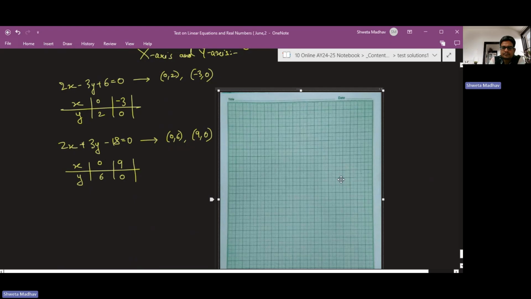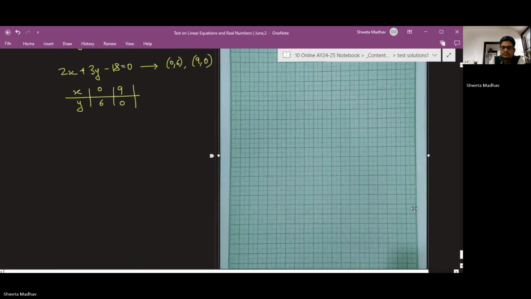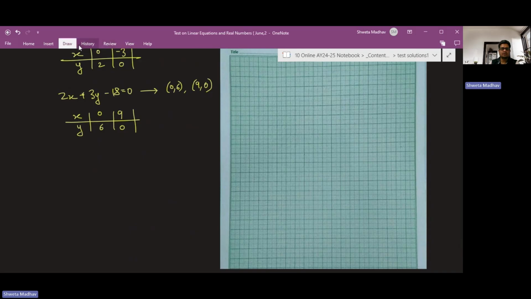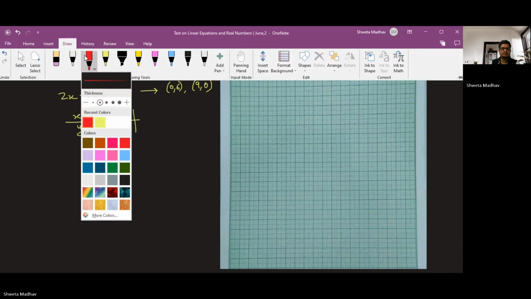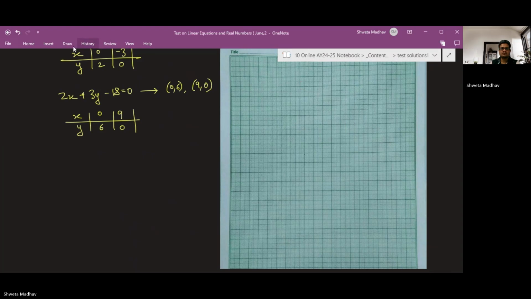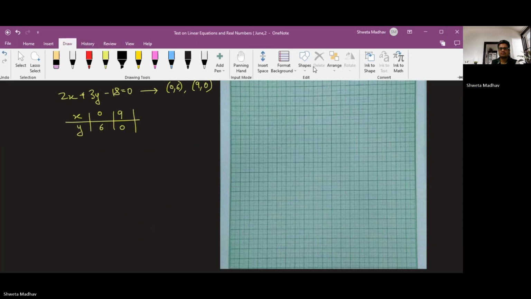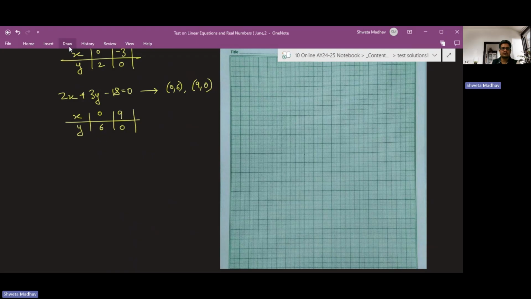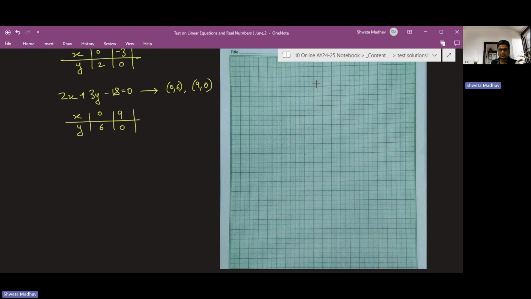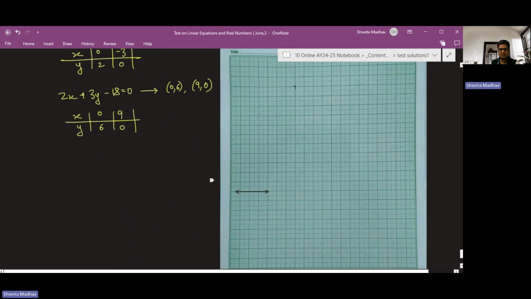So here we plot the graph. First, we can draw the x-axis and draw the y-axis.